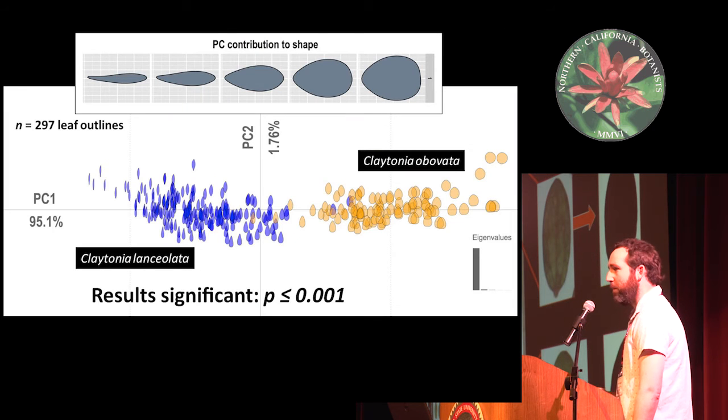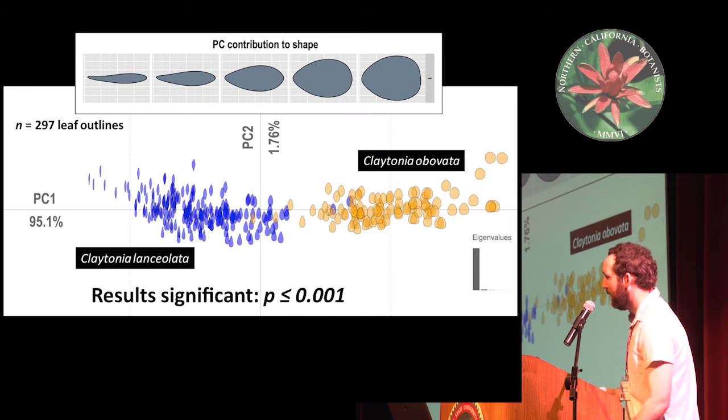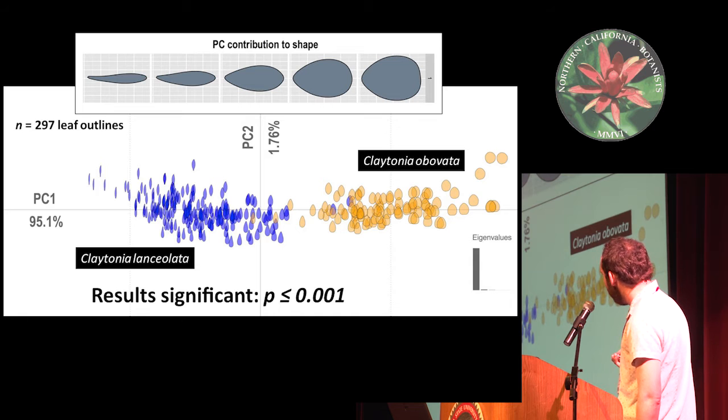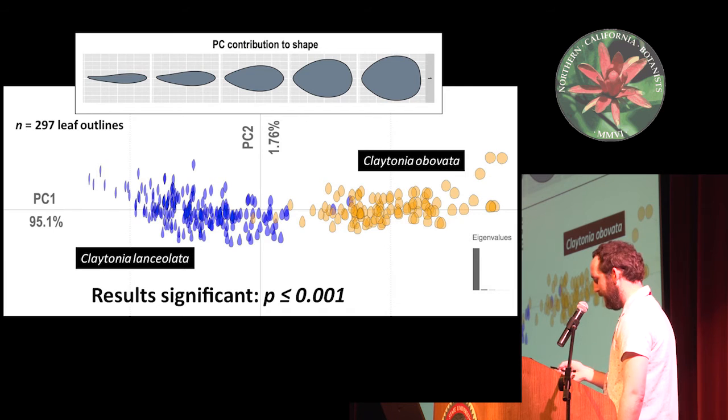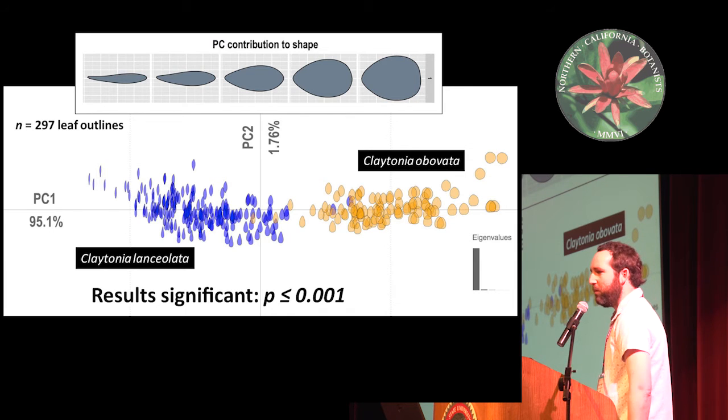And the results are best shown in ordination. What I'm showing you here is just a pairwise comparison between lanceolata and obovata. I don't have any data for the serpentine species because a late snowstorm came through around Mount Eddy in late April, and basically the plants disappeared under a couple feet of snow in 2015.